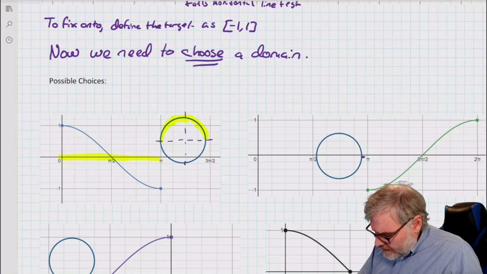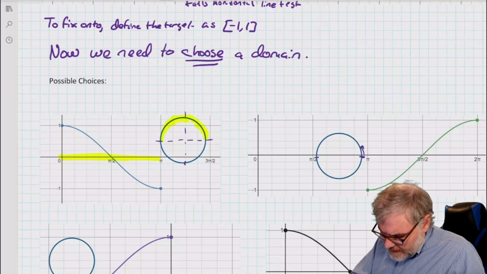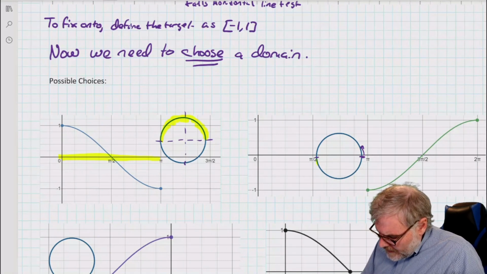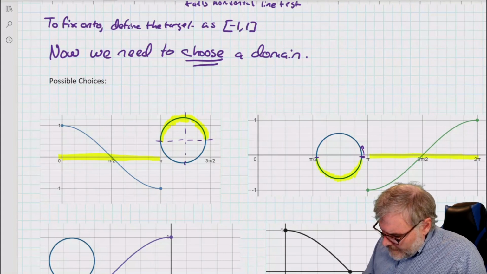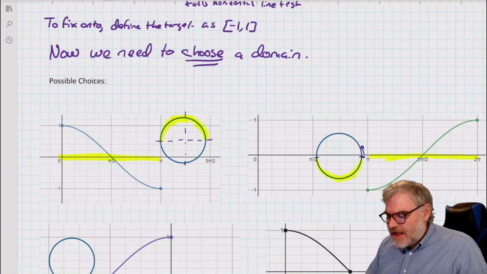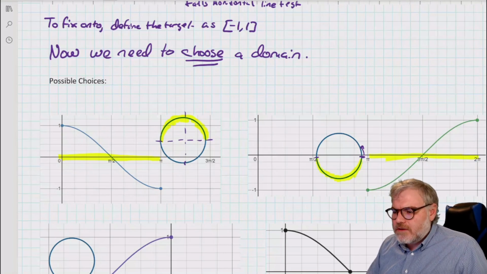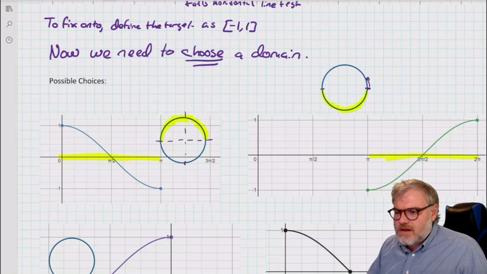This is the start here. I'm going around here. I'm going to make the choice that it's going to be this range right here. This portion of the circle is what I'm going to care about. That's that portion of the circle. And I could do that. There's nothing mathematically wrong with making that choice.